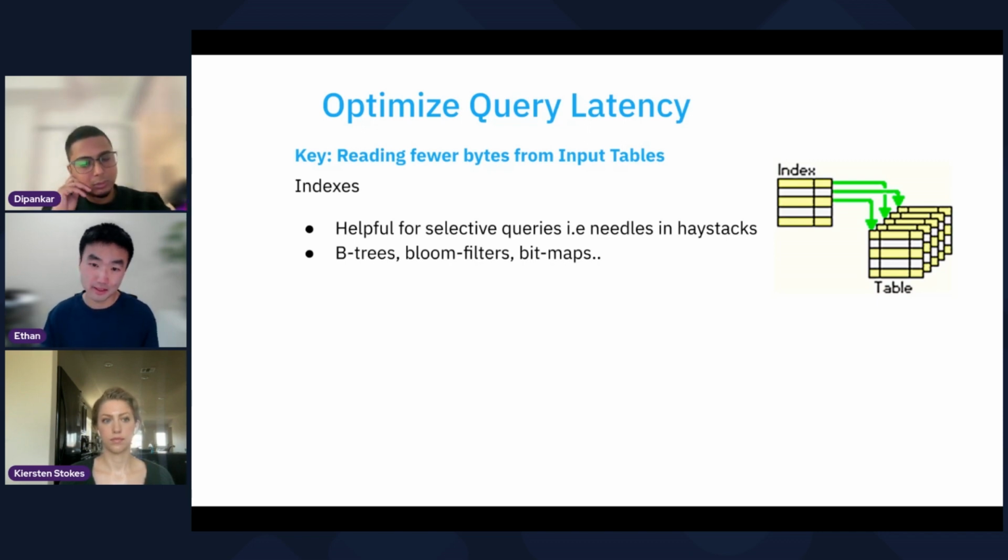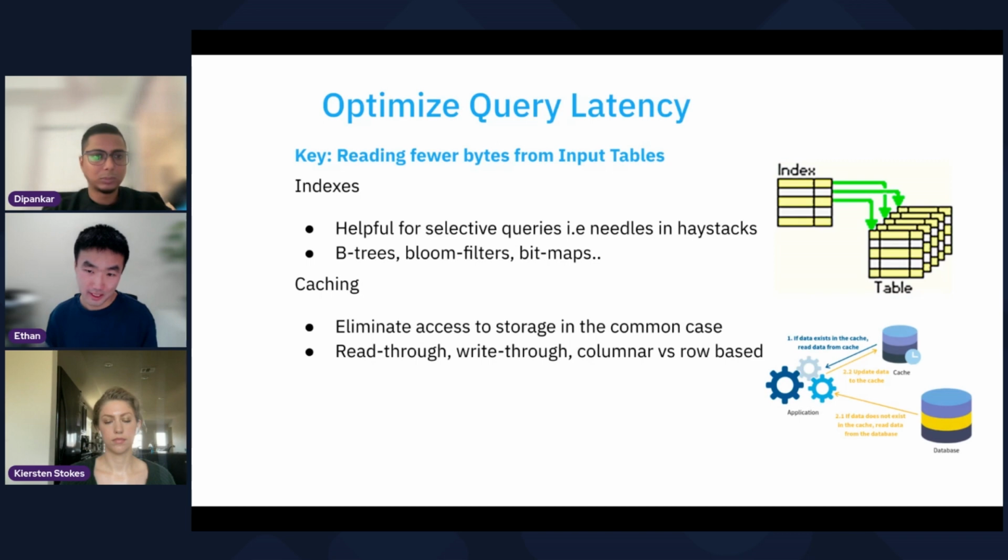This is one way. The second way is caching. Let's say I still want to scan the data from storage and I need to read the files, but you can build a cache in the middle, let's say some disk cache or even memory cache, so that you don't have to reach out to the cloud or other places. You can just read from the cache so that you can reduce latency.